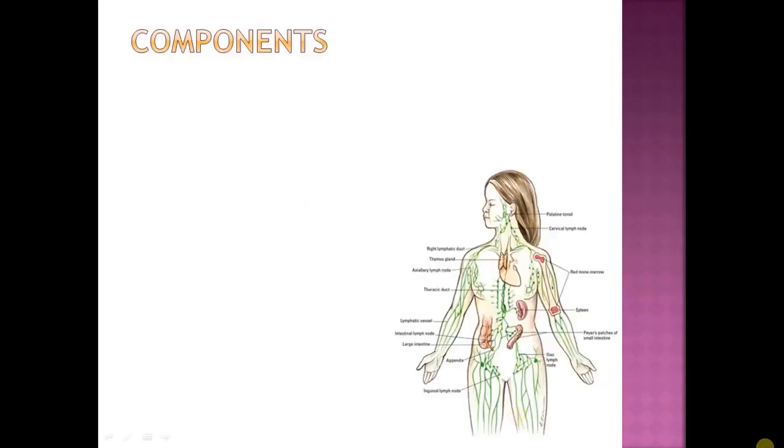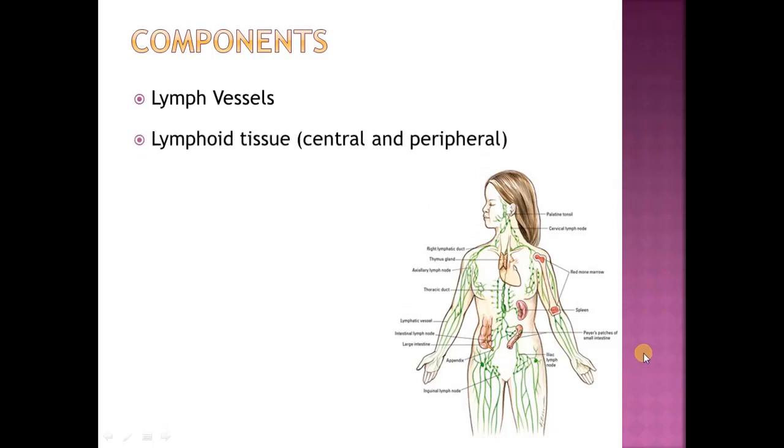Now coming to the components of the lymphatic system. Mainly it comprises lymph vessels, then specific tissues which consist of these cells, mainly central lymphoid tissue and peripheral lymphoid tissue. Then circulating lymphocytes, which are freely circulating in our bloodstream.